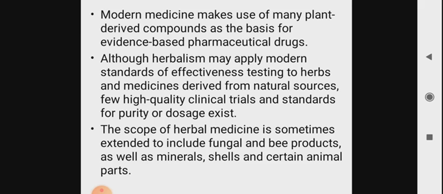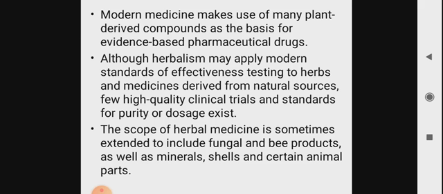Modern medicine, meaning allopathy medicine, makes use of many plant derived compounds as the basis for evidence based pharmaceutical drugs. Although herbalism may apply modern standards of effectiveness testing to herbs and medicines derived from natural sources, few high quality clinical trials and standards for purity or dosage exist.